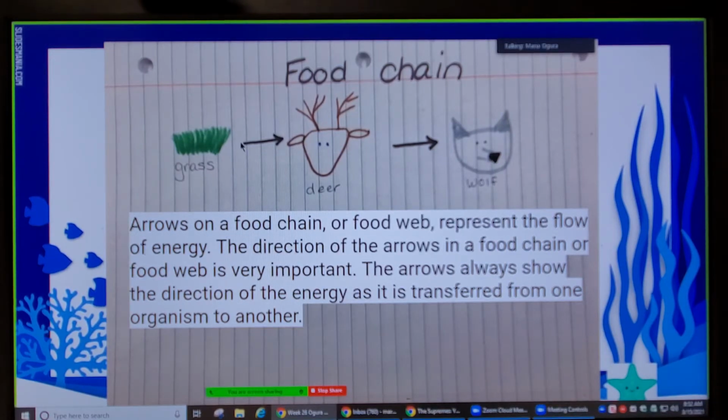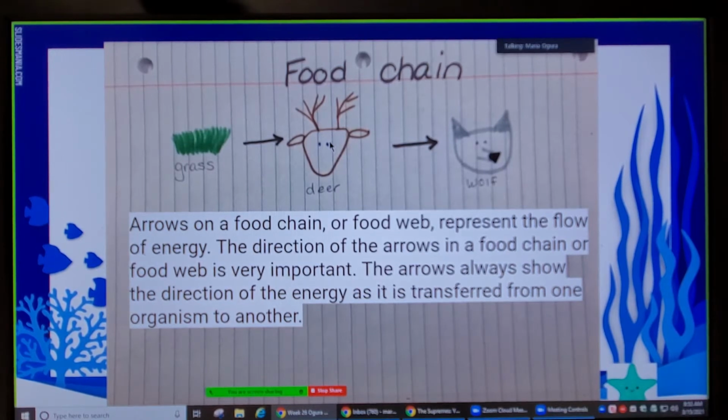Notice in between there that there are arrows, and the arrows on a food chain or a food web represent the flow of energy. So it represents the moving of energy from one organism to another. The direction of the arrow in a food chain or web is extremely important. The arrows always show the direction of energy as it's being transferred from one organism to another.